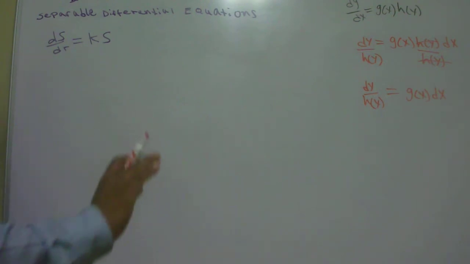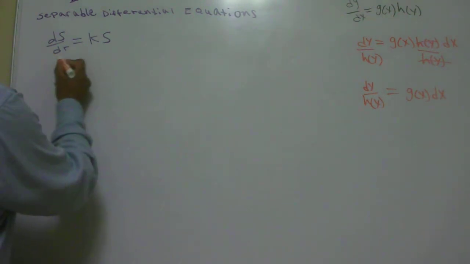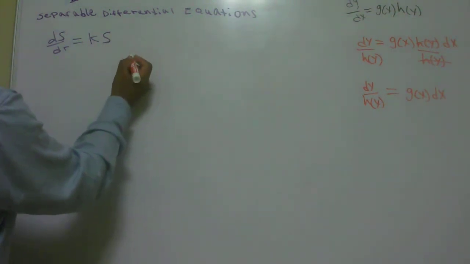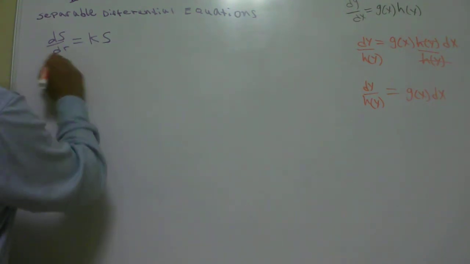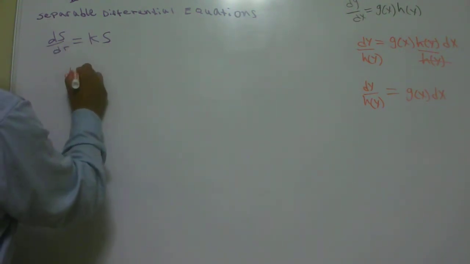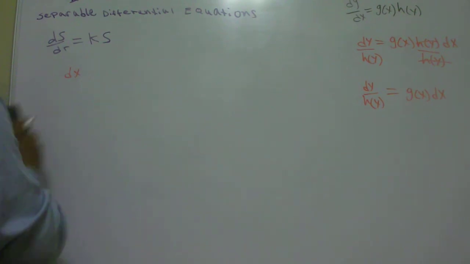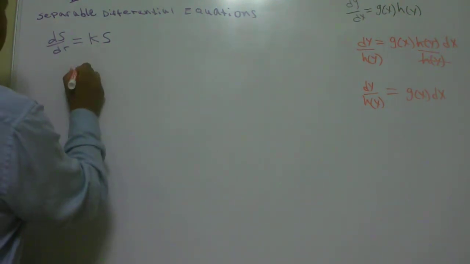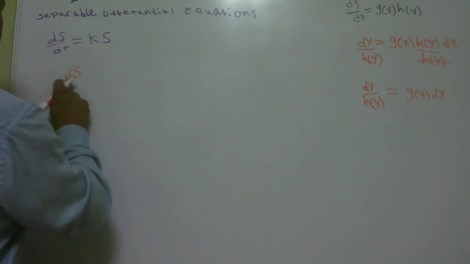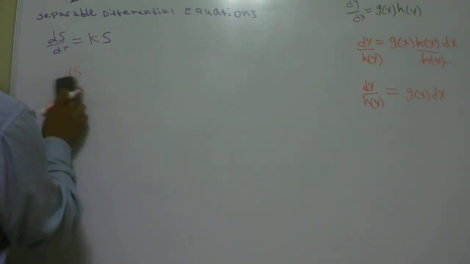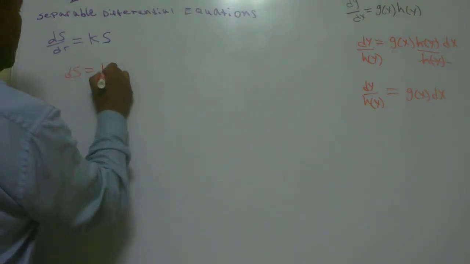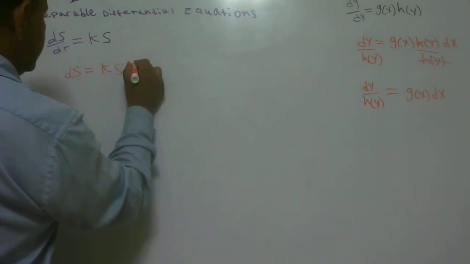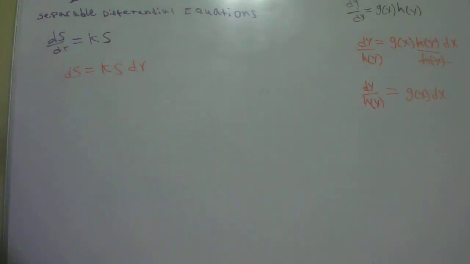What I'm going to do is multiply by dr on both sides, and I get ds equal to ks dr.